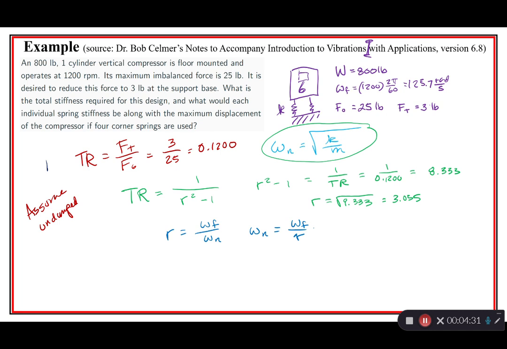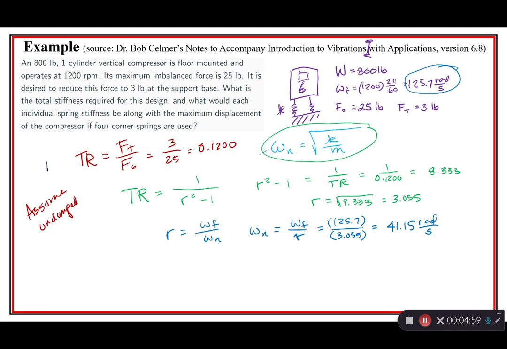Sure. And we know omega F, and we know r, so it's going to be 125.7 divided by 3.055. So now we have the required natural frequency for this transmissibility, which is resulting in the 3 pounds.